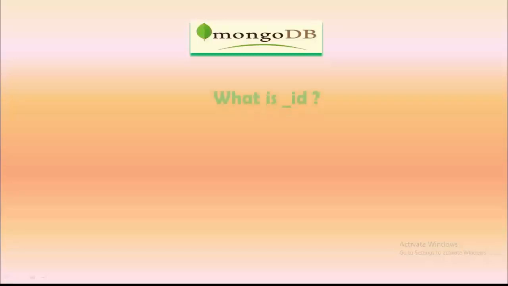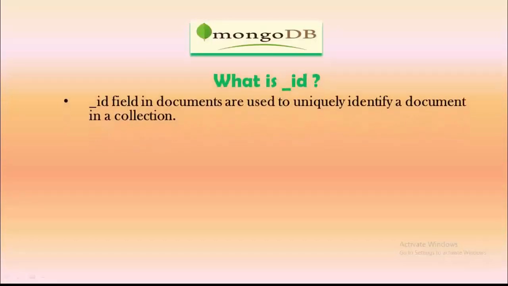Now next, let's see what is underscore ID. This underscore ID is nothing but a field in documents which is used to uniquely identify a document in a collection. As in SQL, we identify the rows of a table uniquely by using a primary key, right?